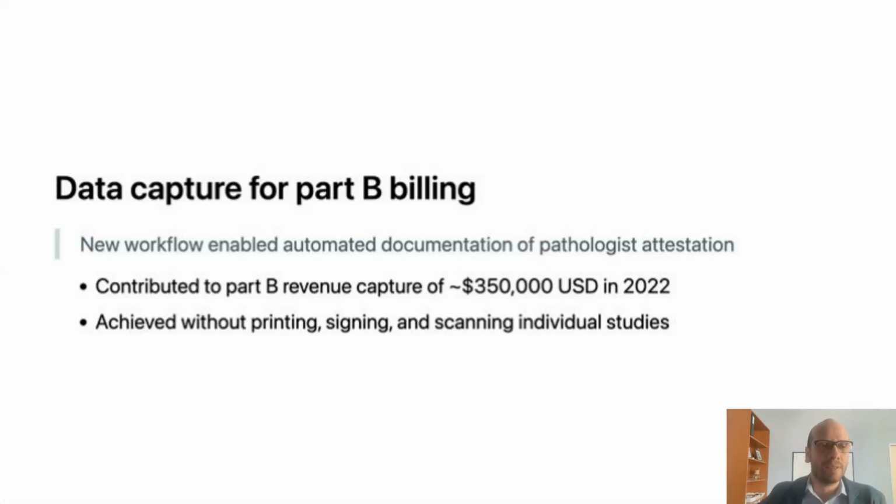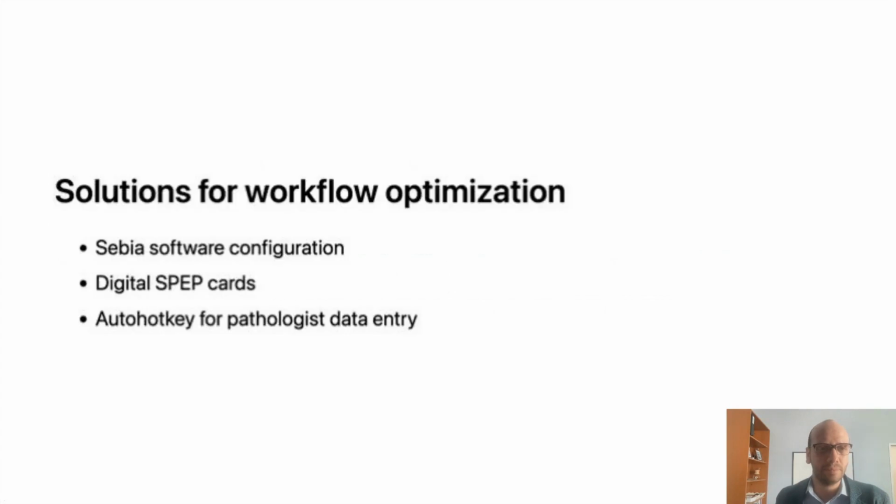And so now we are able to bill for our interpretation, which has been a sizable new revenue stream, about $350,000 US dollars in 2022 alone. And hopefully will continue to be that reliable revenue stream.